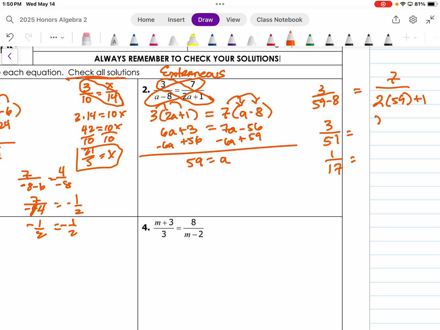On the other side, I have 7 over 118 plus 1, which is 119. And 7 does go into 119 17 times. So those do balance. So that lets me know that 59 is the one solution that balances those proportions.